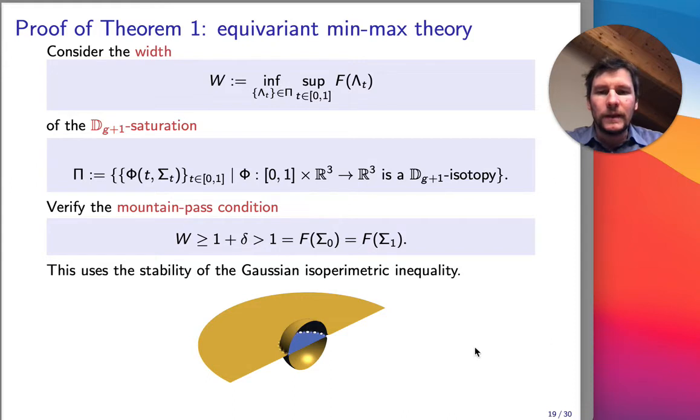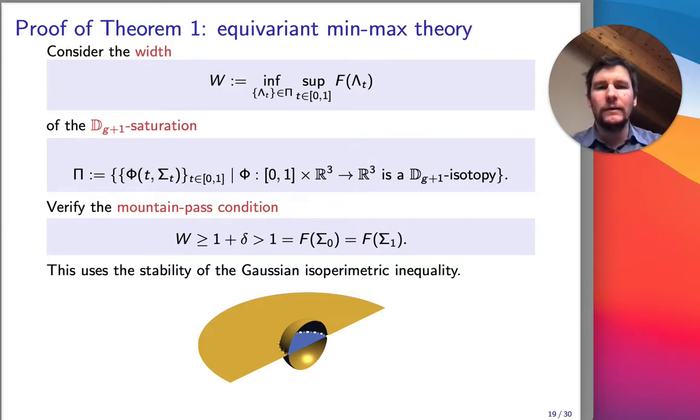So what is that? The Gaussian isoperimetric inequality says that in Gaussian space, the regions that have the least perimeter are the half spaces. Let's say if they have half the volume of the entire space and least perimeter, then they're half spaces.